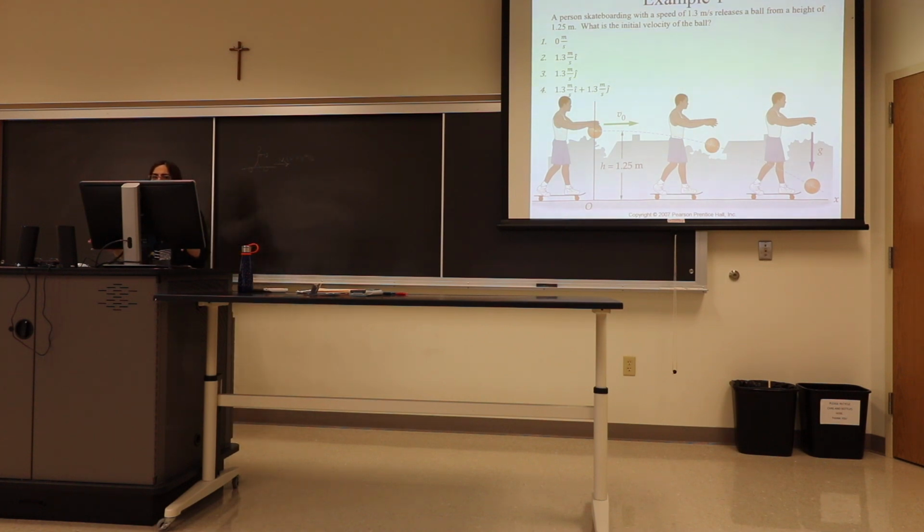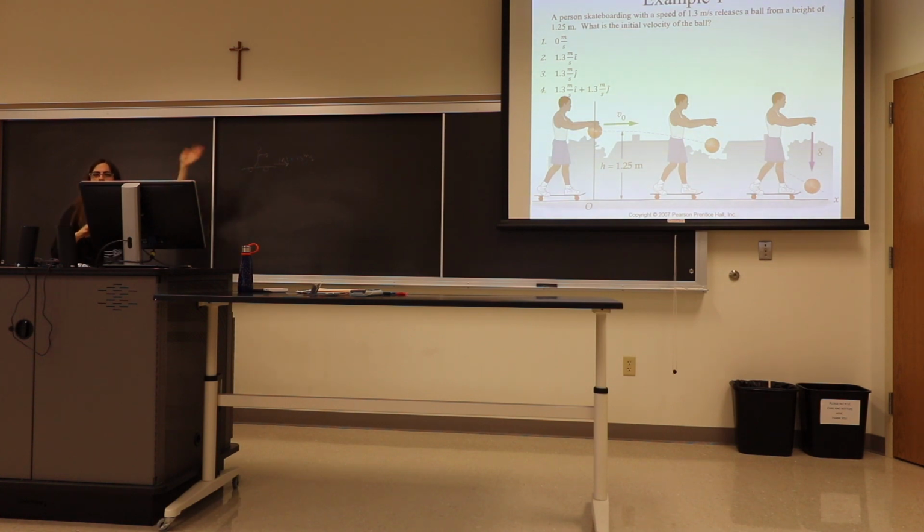All right, so you were saying that the skateboard is moving with an initial velocity of 1.3, and the basketball is moving with it, right? So the speed of the basketball, the magnitude of the velocity vector, is 1.3. So you know the magnitude has to be 1.3, which eliminates a couple of answers here.